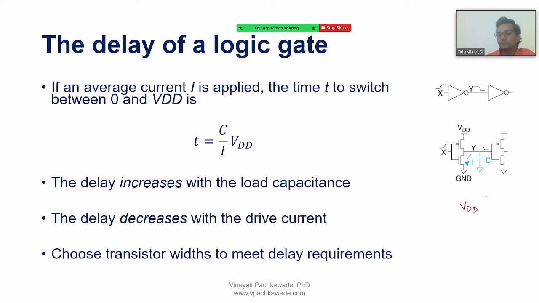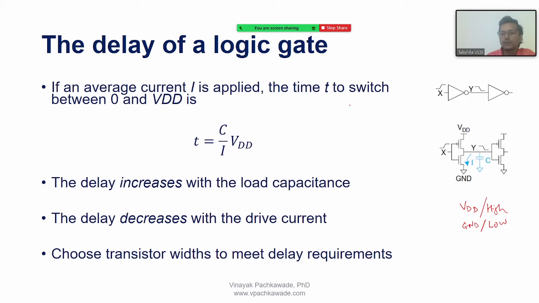VDD, or I would say high. And when I am discharging it, I am taking it to ground, or logic low, right? So it takes a certain amount of time when this current charges and discharges this capacitor. So how to estimate that time?